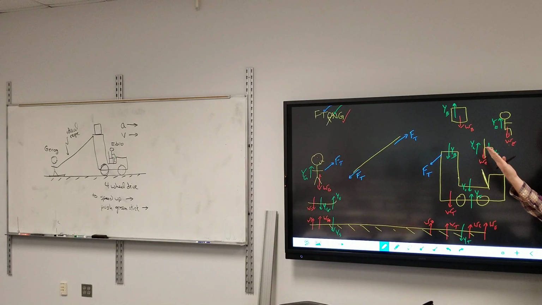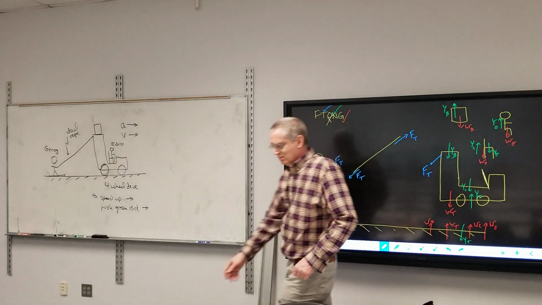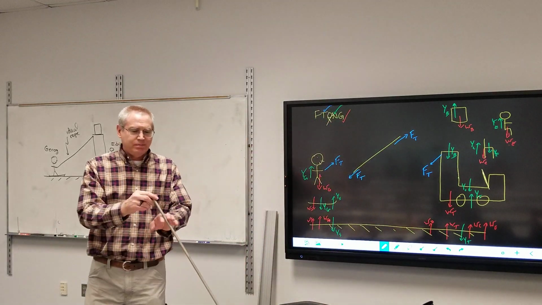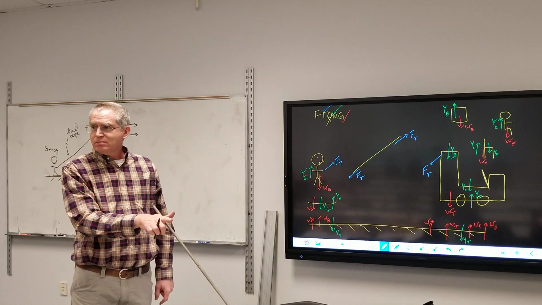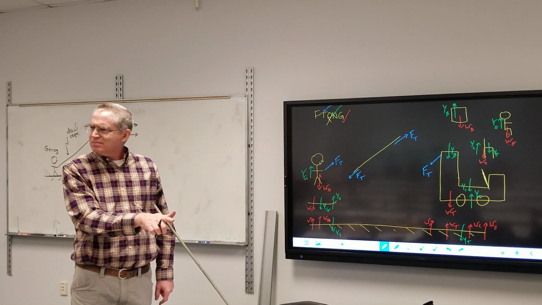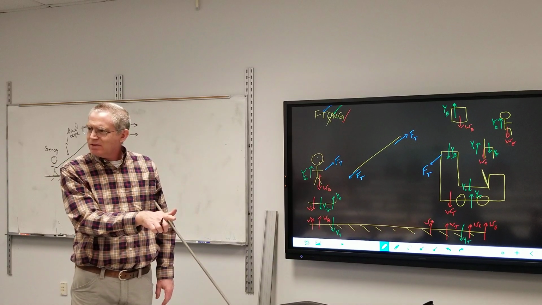The stick's at an angle. The normal force is supposed to be perpendicular to the surfaces of contact. So I've got a stick right here, I'm pushing that way. Then would it go down?